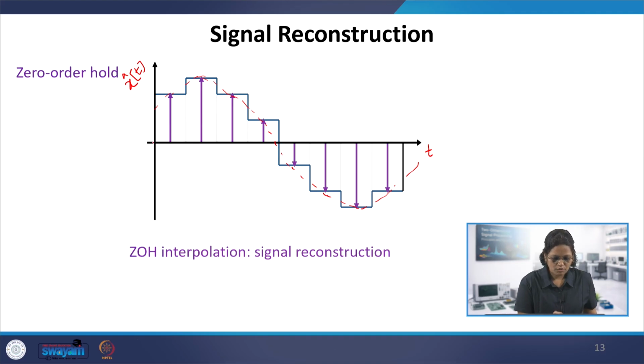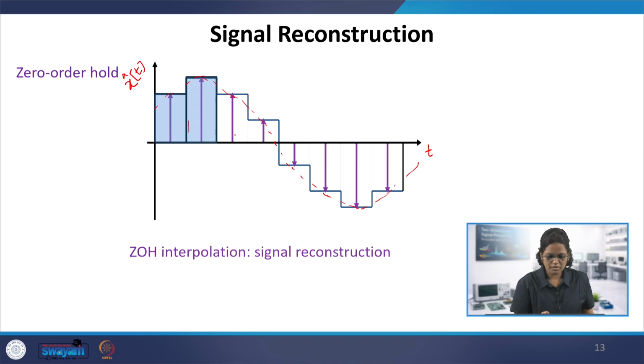We pass this through the impulse response rectangular function. The first impulse is passed to a filter having this response, so we get this response first. After that the second impulse is passed through the same impulse response, and it results in a response shown here.